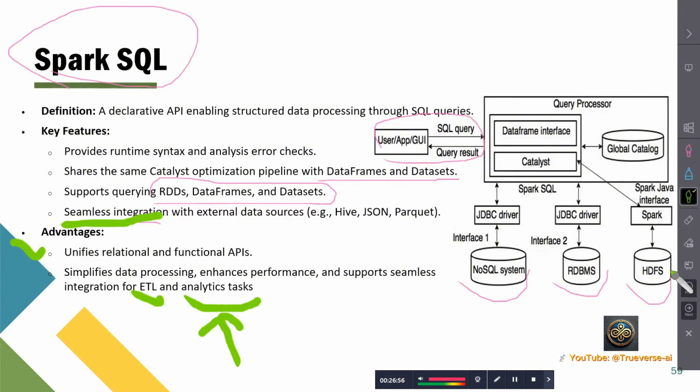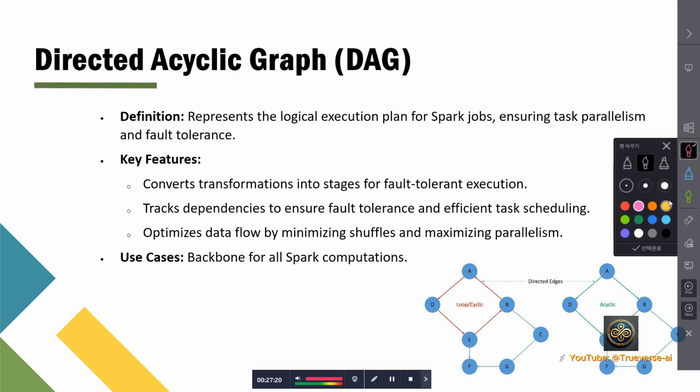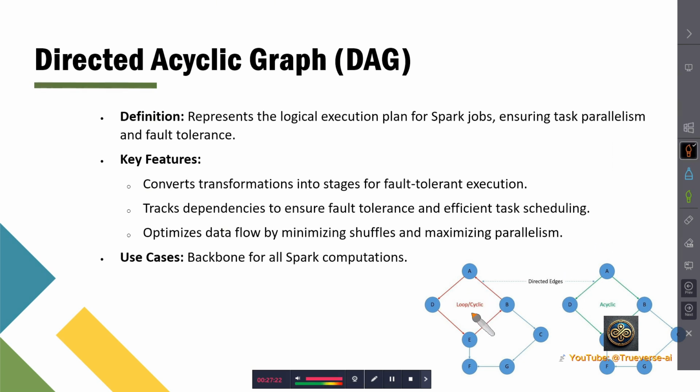So now let's dive into the last data abstraction of the Spark, which is DAG. So DAG, as I mentioned before, what you can see here in this slide as well, this is any graph which is loop based, so you can see the direction, start from here, go here, and then back again.